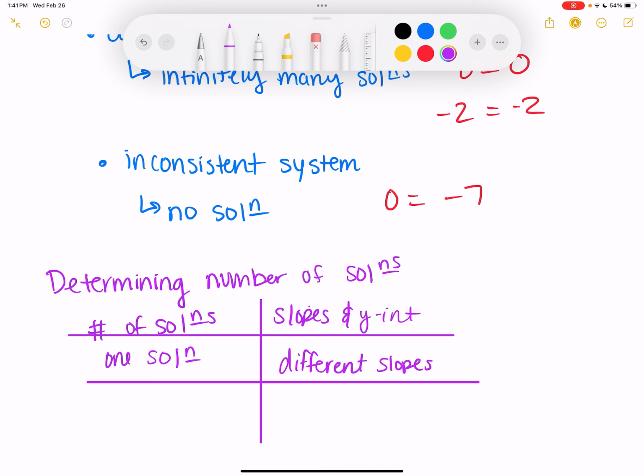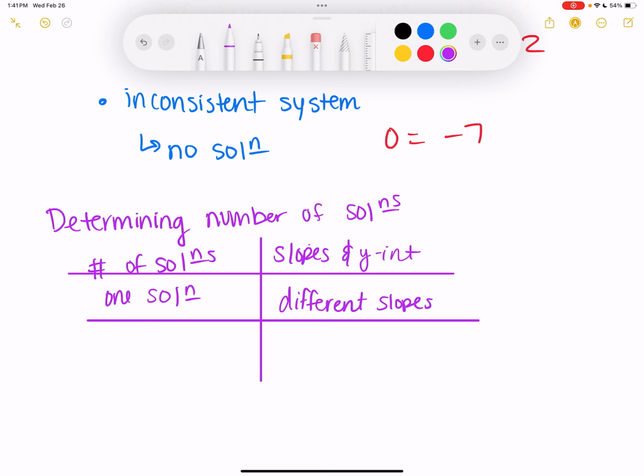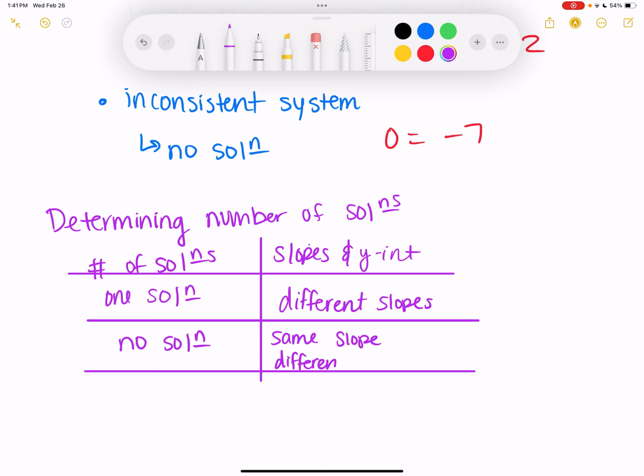If it is no solution, then we have the same slope, different y-intercepts. In this case, these would actually be parallel lines if you're looking at the graph.